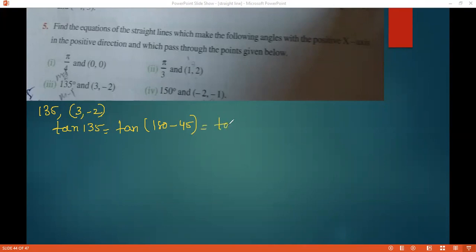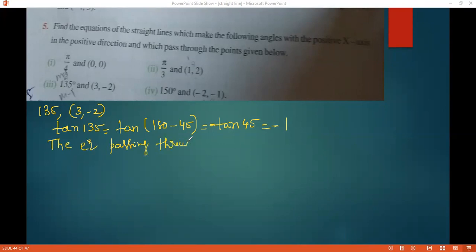That is tan of 180 minus theta. Tan of 180 minus theta is minus tan theta. So minus 1.